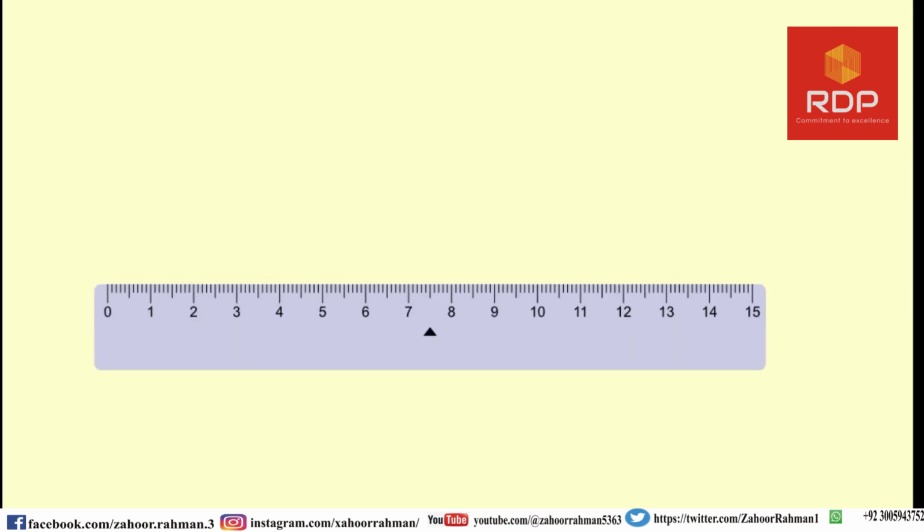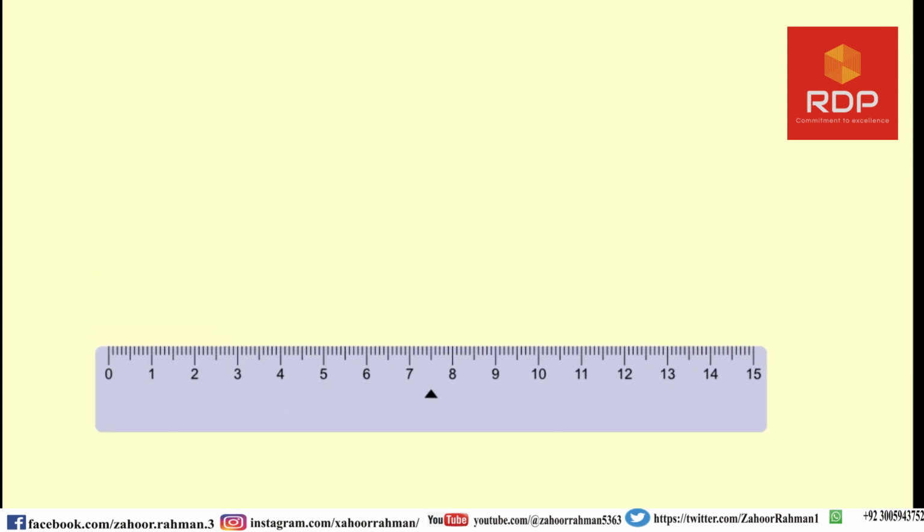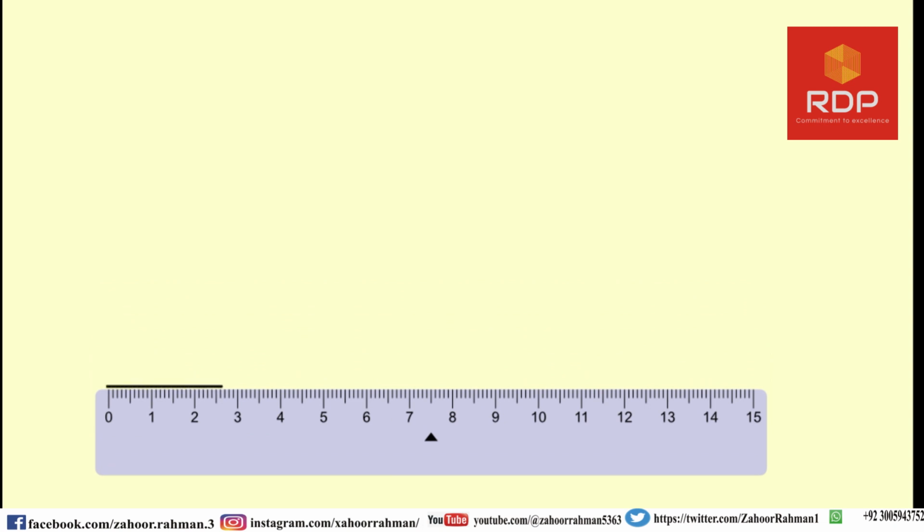First job is to draw a line of 8 centimeters starting from here and moving all the way to 8, and then I have to label it A, B, and you have to write that this is 8 centimeters. Now the next part is saying that BC is equal to 6.5 centimeters.